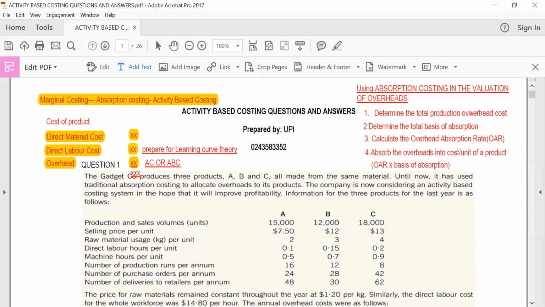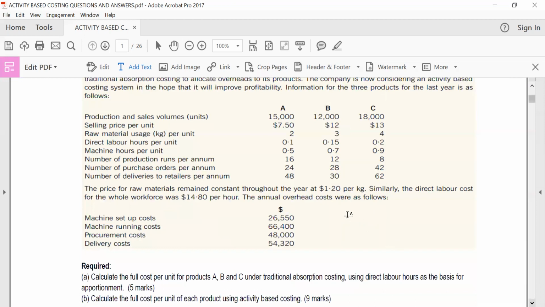We will now go to activity-based costing in the same perspective. Just give me a moment, I'll write over here, then I'll clean it. So using ABC in valuing overheads, what are the steps?